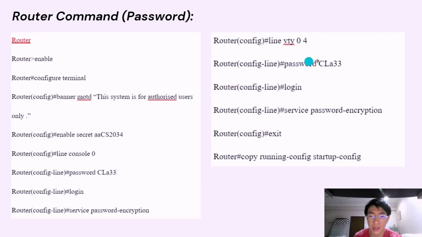Then we set the password as CLA33 and type login, so that the password will be checked during login. Then we type service password-encryption, so that the password will be encrypted. Lastly, we save the running configuration to NVRAM by using the command copy running-config startup-config.